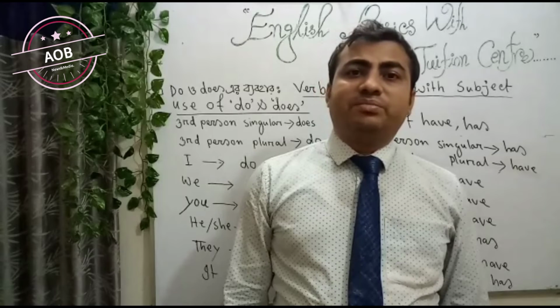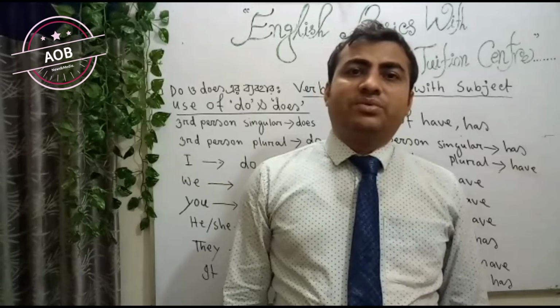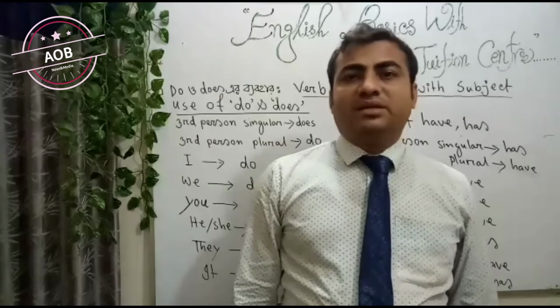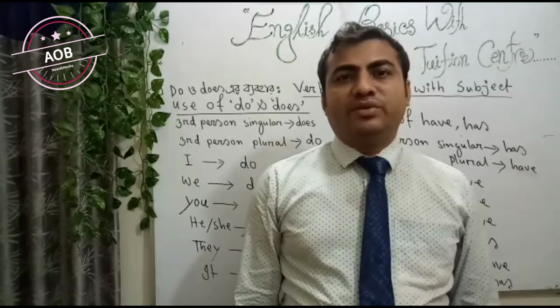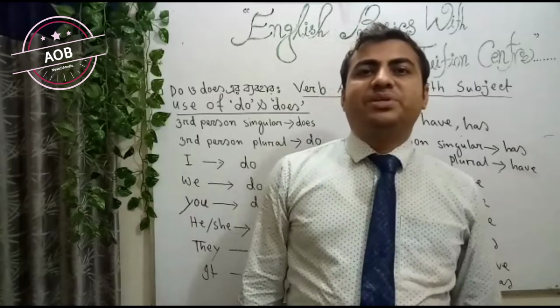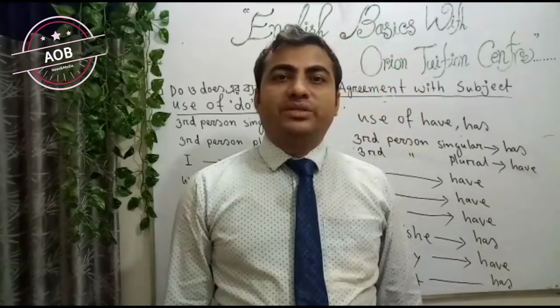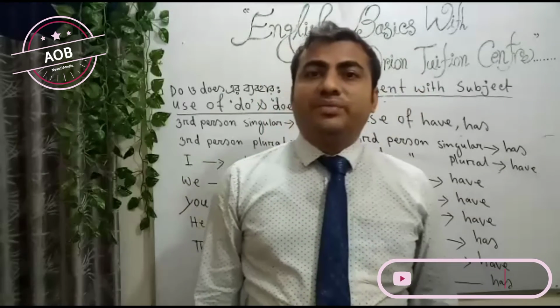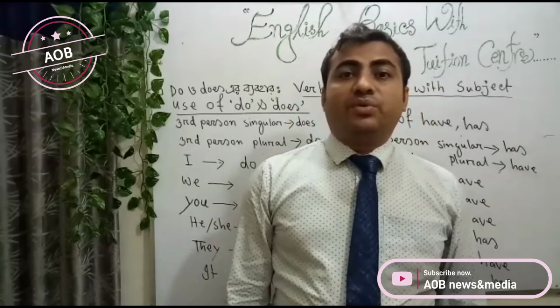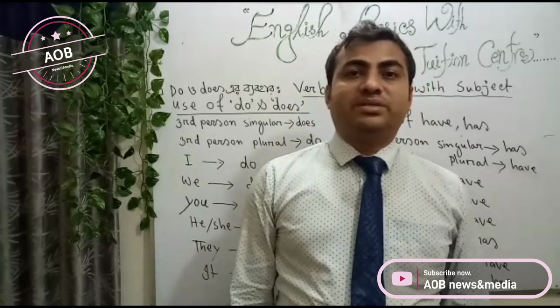And in the case of did, we have to use the same thing, that is, if the subject is singular, we have to use did, and if the subject is plural, we have to use did also. That's why you can understand properly, did is used both in singular and plural subject.